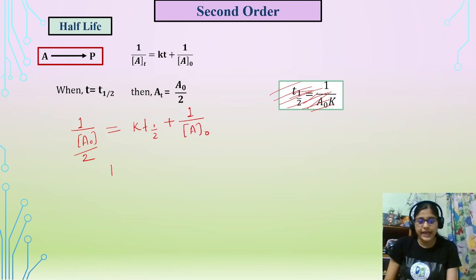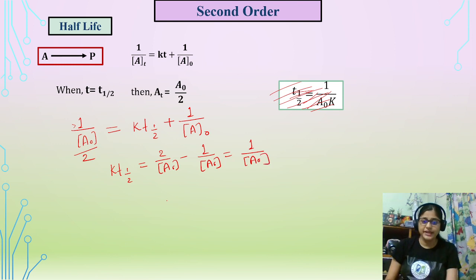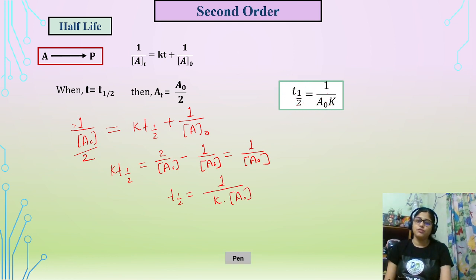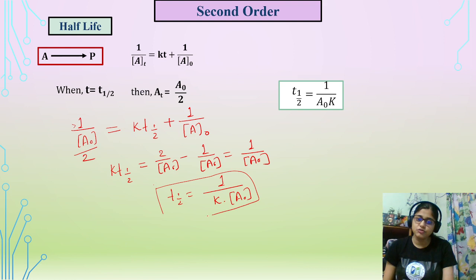So k into t half will be 2 by A0 minus 1 by A0, which will be 1 by A0. So t half will be 1 by k into A0. See, same thing, right? So yes, we have calculated this. I hope you understood.